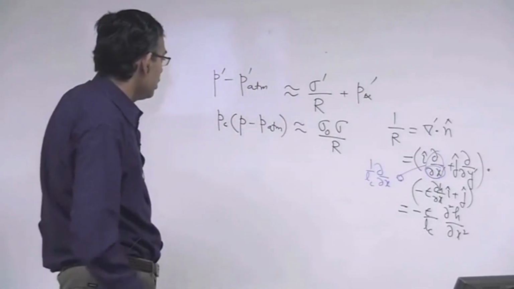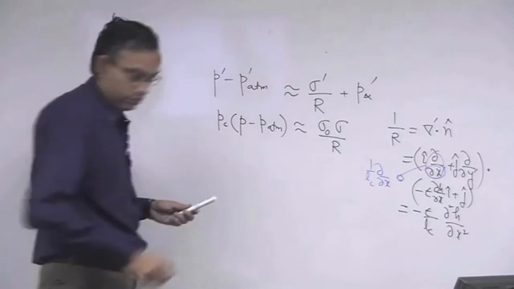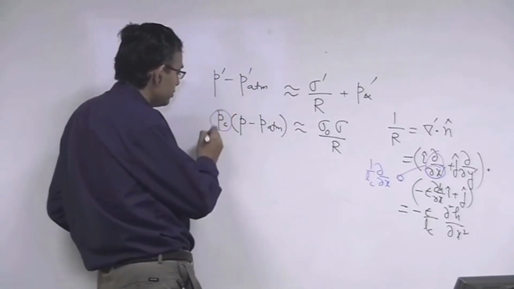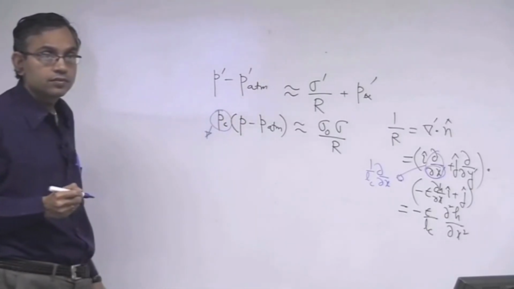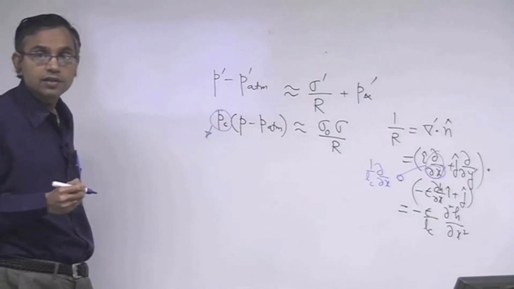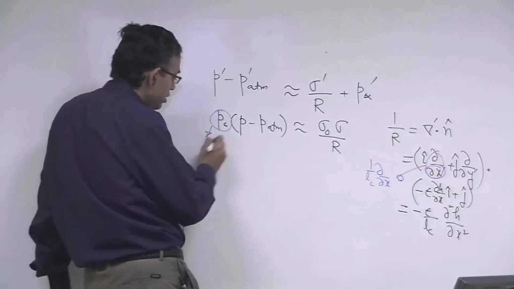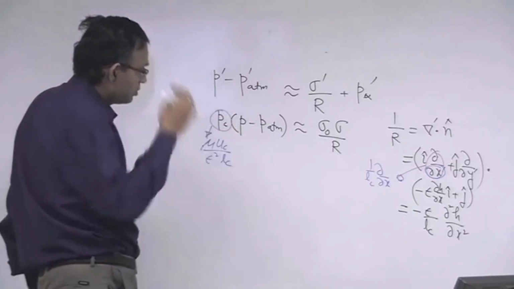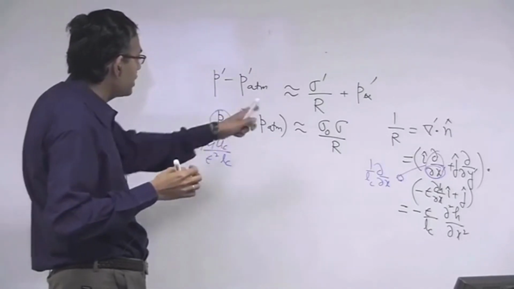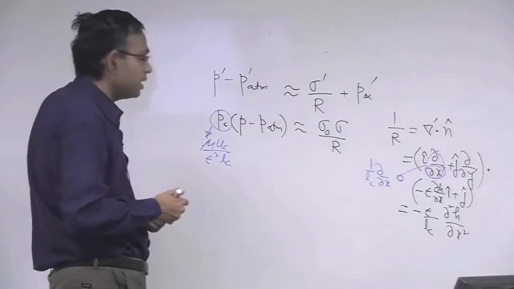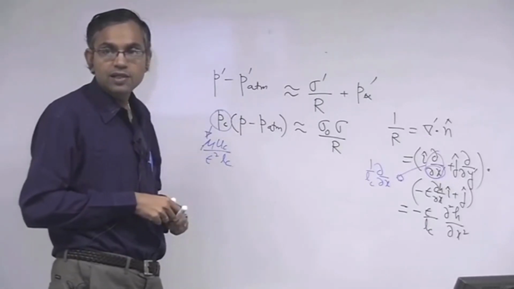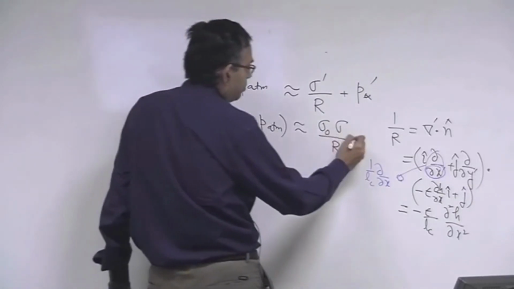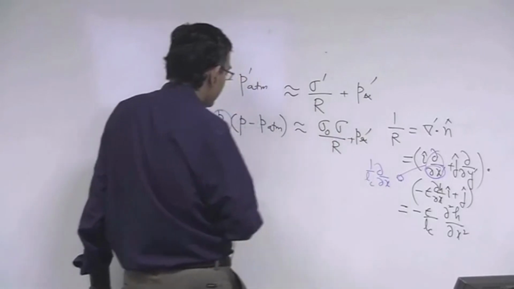Right. What is P_c? Tell from your notes what is P_c? Yes, mu U_c by epsilon square L_c. So you multiply both sides by P_c, basically divide both sides by P_c. I mean P_ex dash we are talking about.